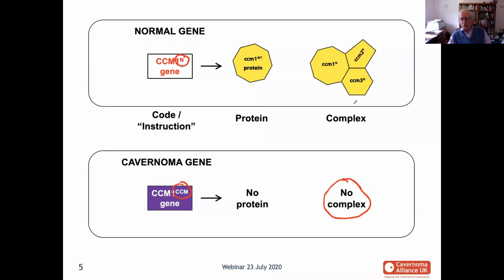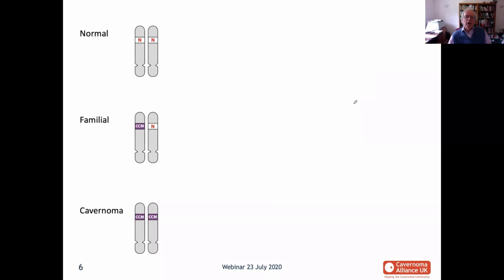Now it's slightly more complicated than that, and I'm going to just show you why. Here's a person with 2 normal genes, their mother and their father. Neither of them has the familial form, and so you have the normal form of both the genes, one on the chromosome from your father, one on the chromosome from your mother.